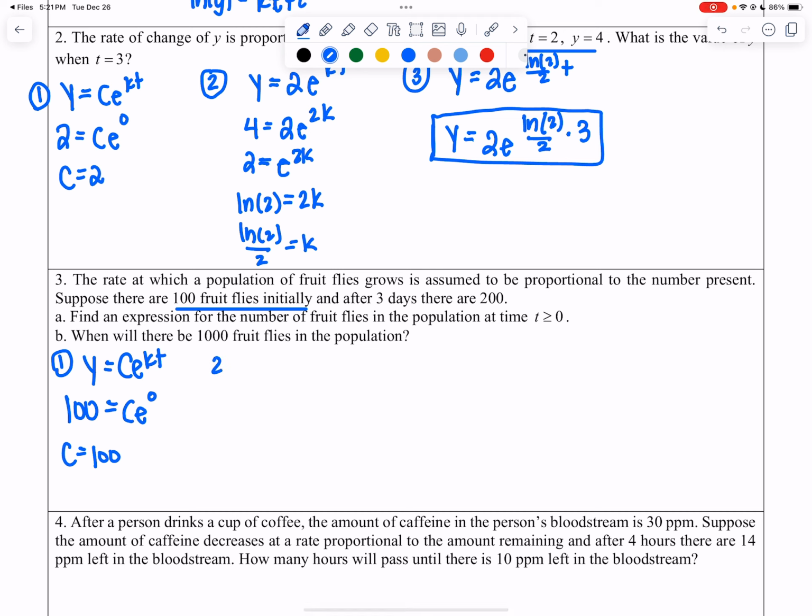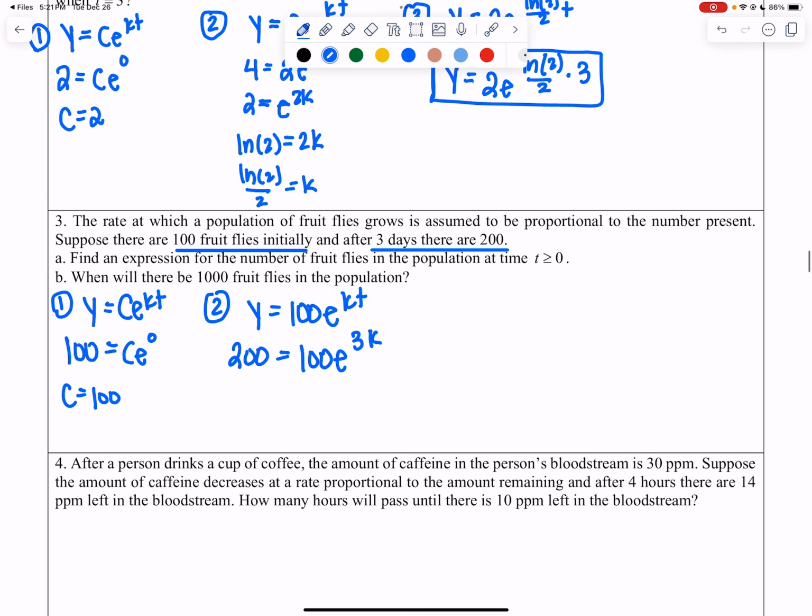My second step is to find out what my k value is, knowing that I have 100 now, and it's telling me that after 3 days, there are 200 fruit flies. 200 is equal to 100 e to the 3k, and I'm going to solve for k. Divide by 100, so that's going to give me 2 equals e to the 3k.